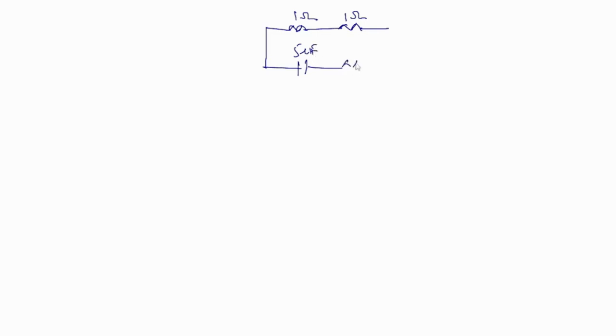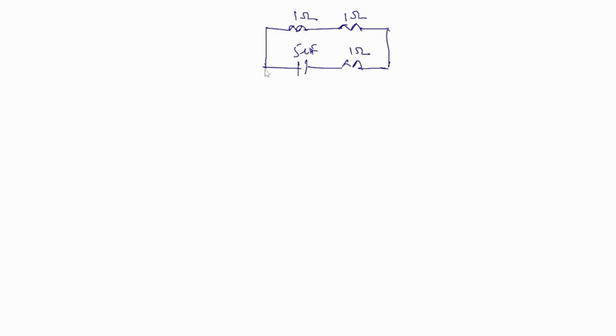Let's solve one more problem. I'm giving you here a capacitor of 5 microfarad, the circuit resistance of 1 ohm, another resistance of 1 ohm, the capacitor of 5 microfarad, and in its branch there is a 1 ohm resistance as well.